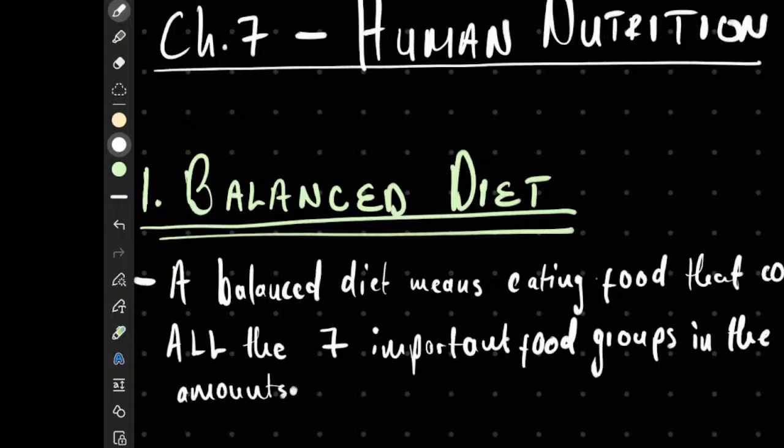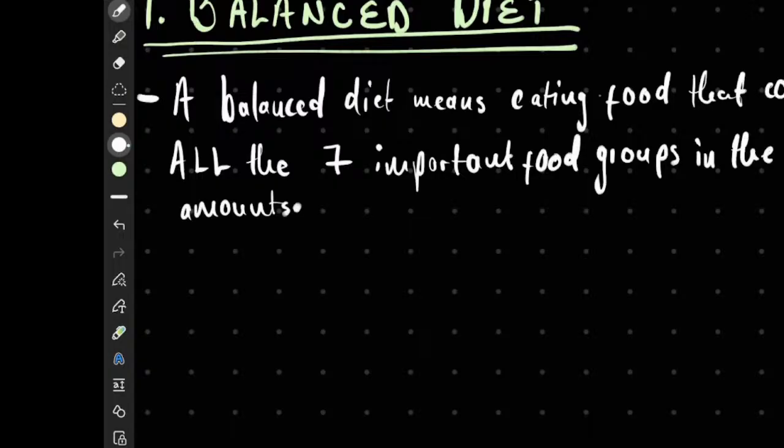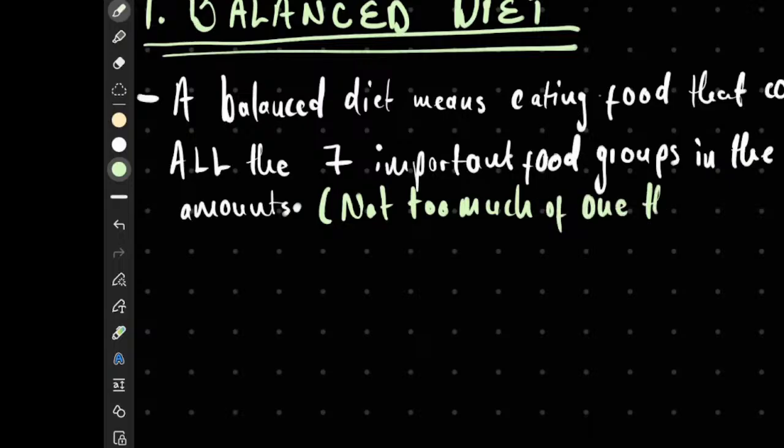It means you eat a meal that contains all the 7 food groups in the correct amount. In their correct amount, I want you to put here to say not too much of one thing or too little of another.